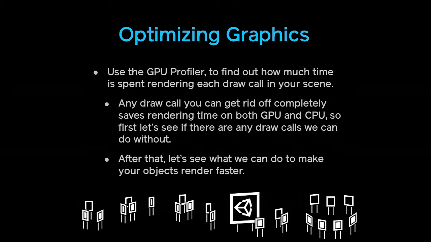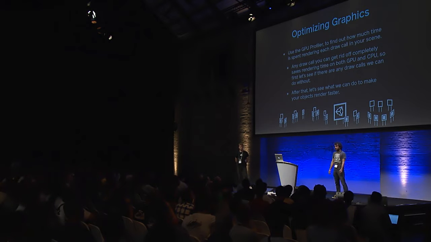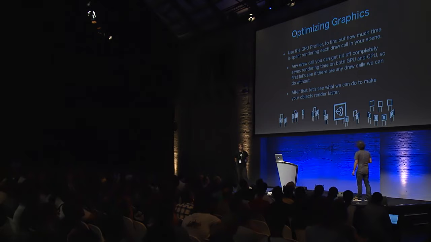So Kim showed you how to use the GPU profiler to see how much time you're spending on the GPU for each draw call. That should give you a picture of where you need to optimize. But first off, let's look if there's any of these draw calls you can just get rid of, because often you find that you're drawing more than is really absolutely necessary.